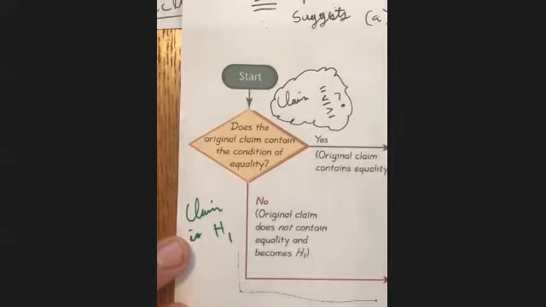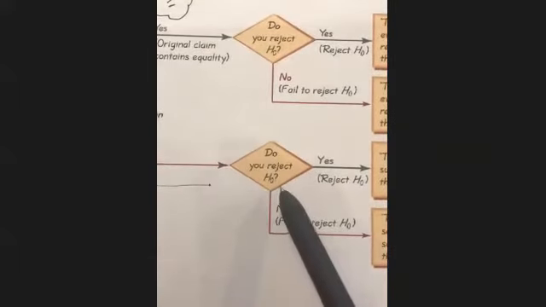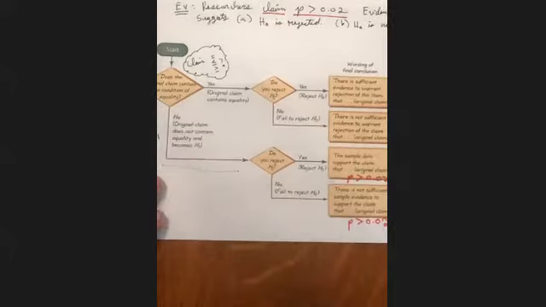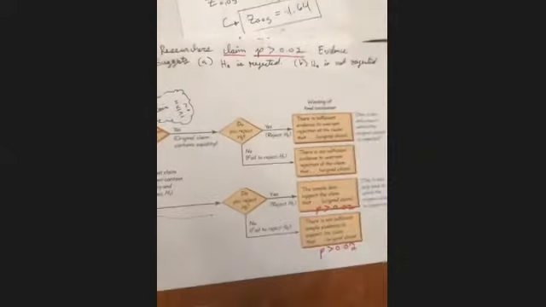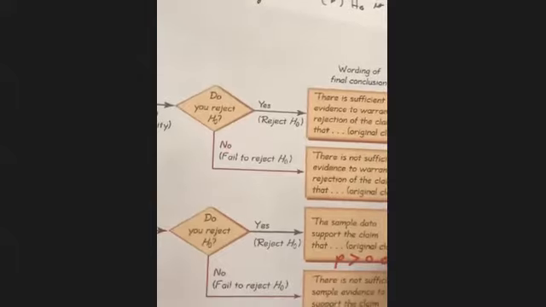We claim H1, then we ask, do we reject the null hypothesis? The answer was yes after we did our test. So what is the conclusion? This is why I show you the chart, because it can be hard to word the conclusion.